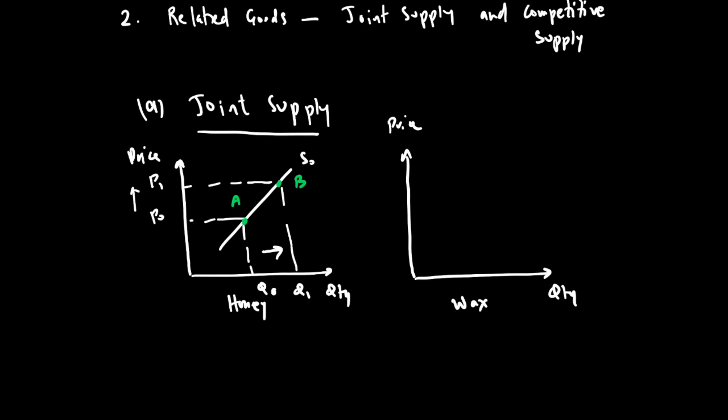How will that affect the wax market? Well, in the wax market, the supply of wax will go up because now there is more production of honey, and therefore more production of what we call the byproduct, which is wax in this case.